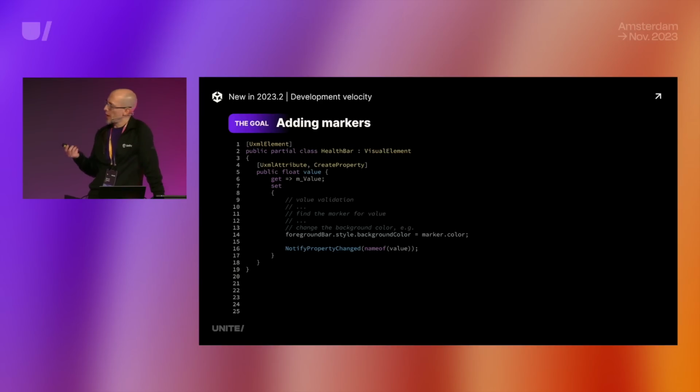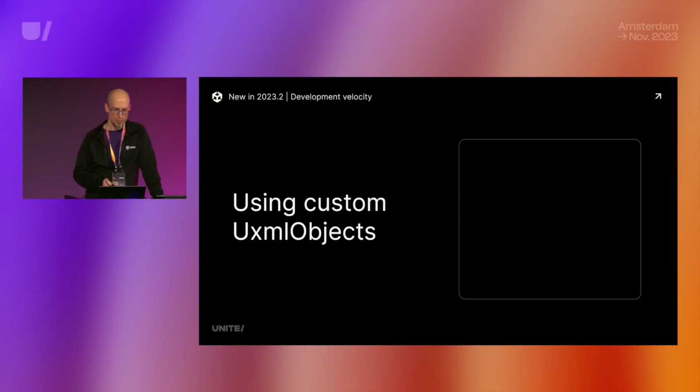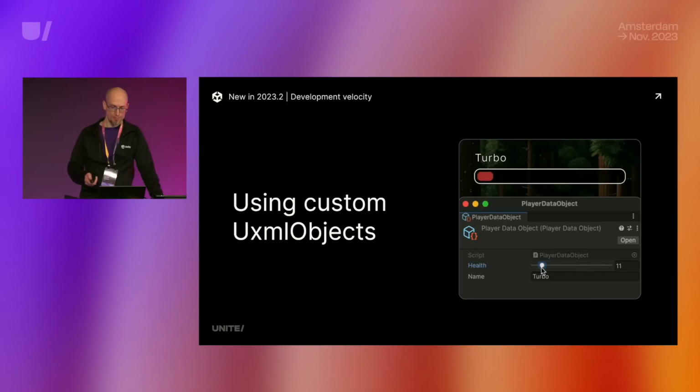And lastly, we notify the binding system that the value has changed, and we can update the data source. So there it is. Now our health bar is able to shift between different colors, any number of colors, and those markers can be authored directly in the UI Builder.